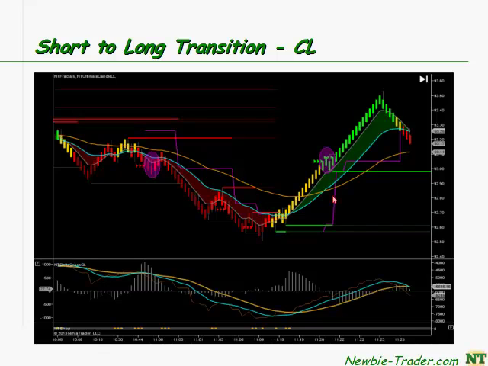When they cross up and they turn green, you get crossed to the upside, green candles, green fractals, green cloud. So we try to make it as visually aesthetic as possible to know whether you should be long or short. And then we throw the signal in there to tell you exactly where to get in. And then you have your trailing stop, and you know exactly where to keep your stop.